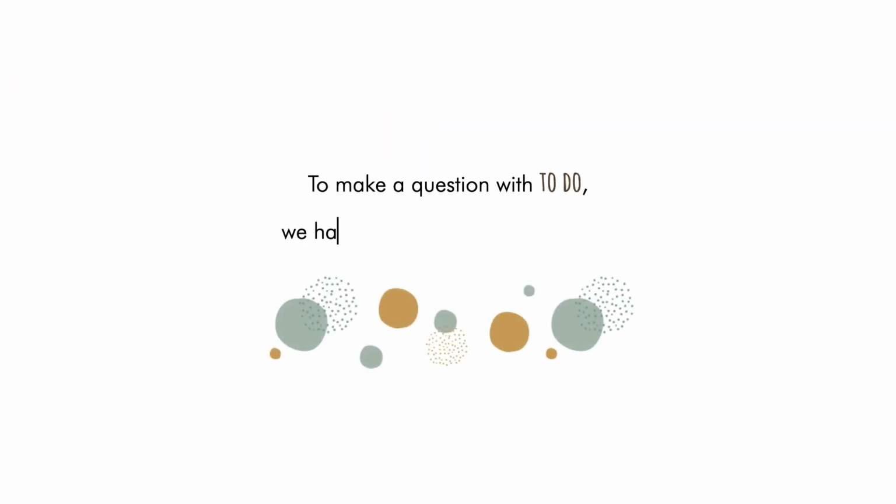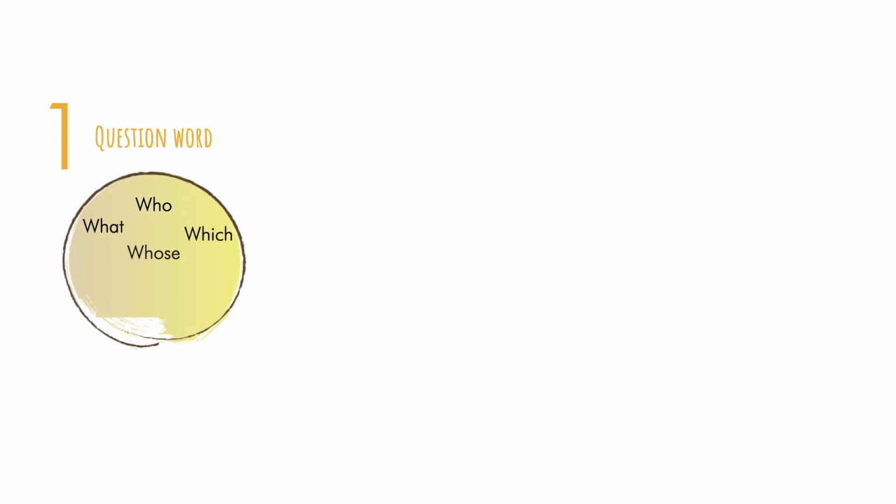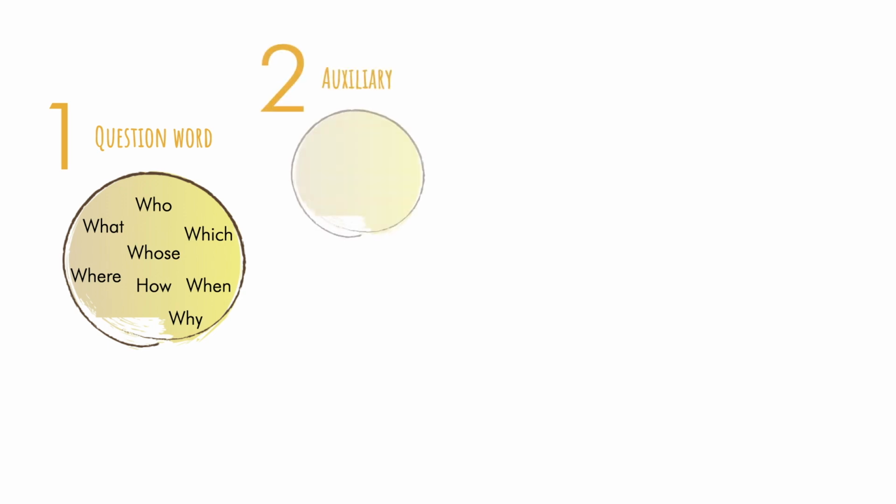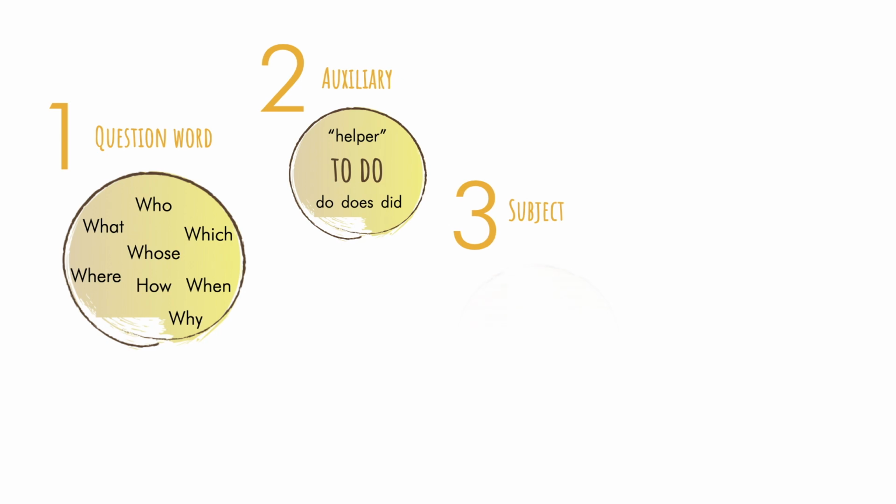To make a question with to do, we have to follow a specific order. Number 1, question word. A question word is a word like who, whose, when, how, why. Number 2, auxiliary. An auxiliary is a helper. It's a verb that helps the main verb, and that's to do. Number 3, subject.